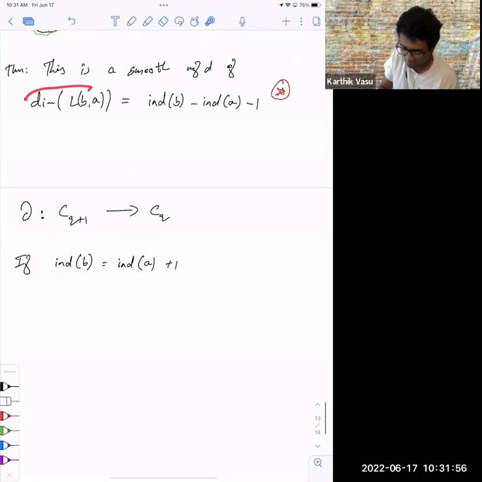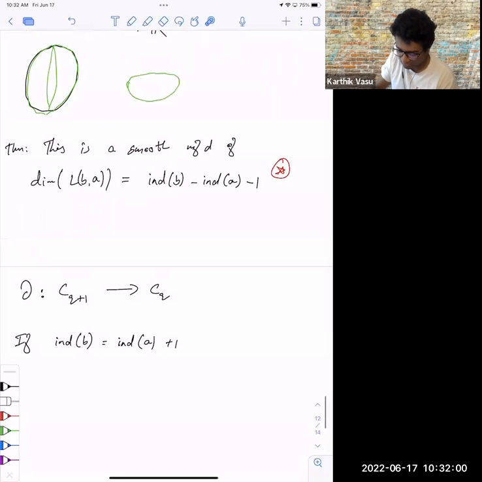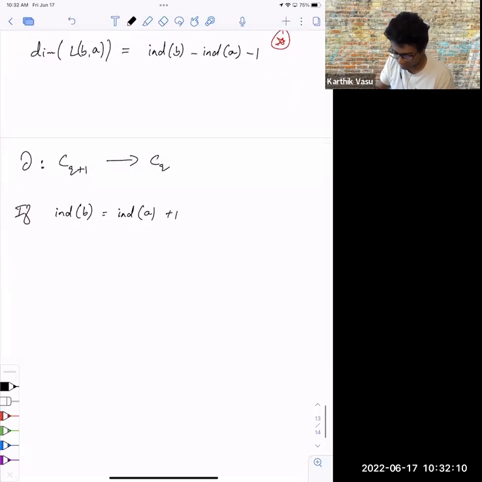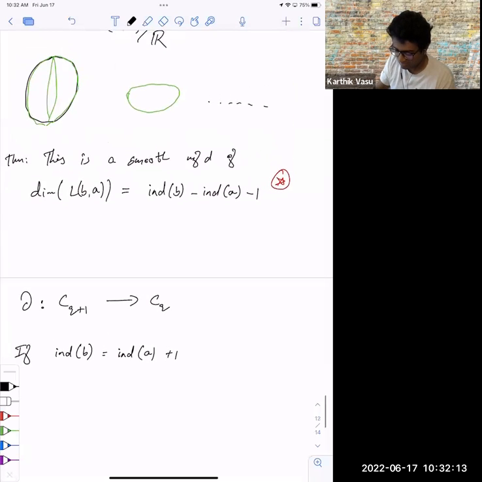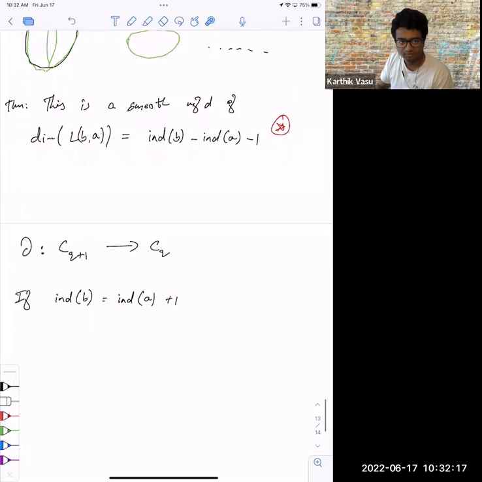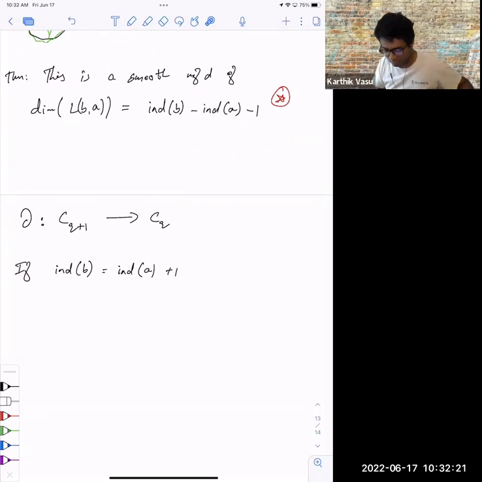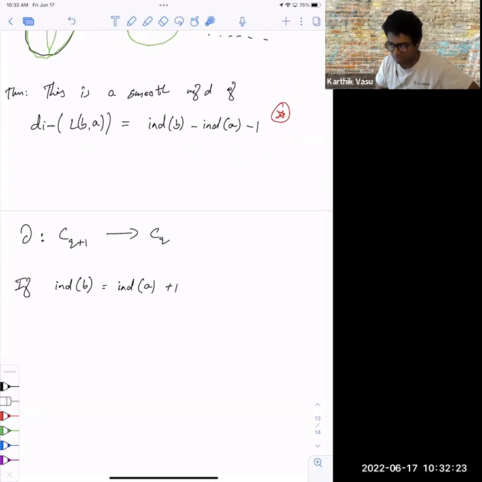So the dimension of this manifold which I had defined, so basically counting trajectories, will be a 0-dimensional manifold. So instead of being like this, it will just be a bunch of points. Okay, 0-dimensional manifolds are just points. And what I can do is I can count the number of points. So that will be the number of trajectories going from one critical point to the other.